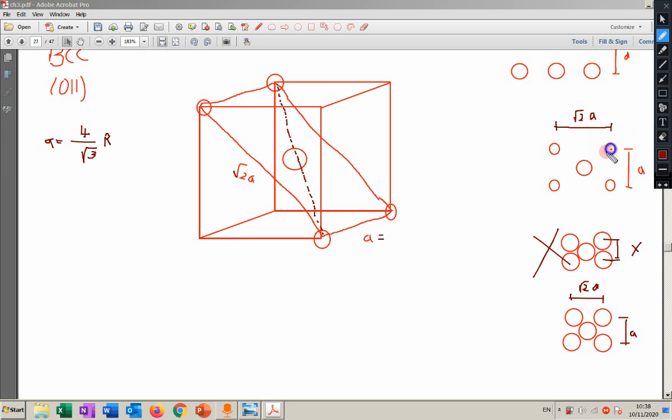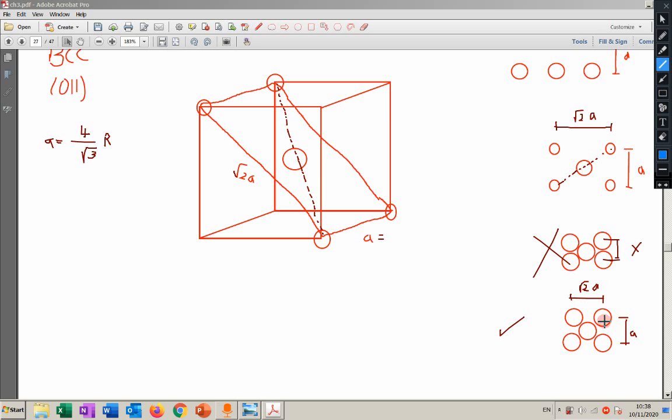So there's supposed to be a link between them because this distance must be 4r. Look, this is 4r, or this way is 4r. So the possible case is this one, the atom arrangement will be in this manner.